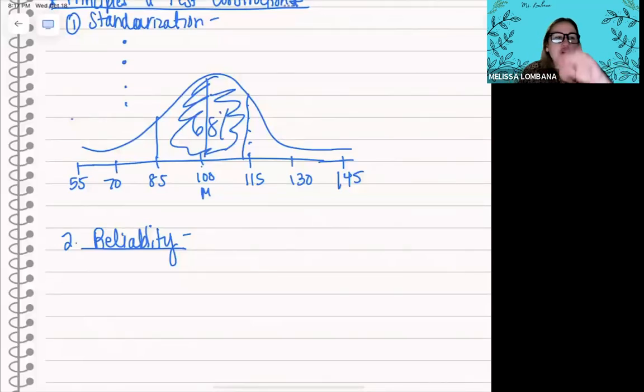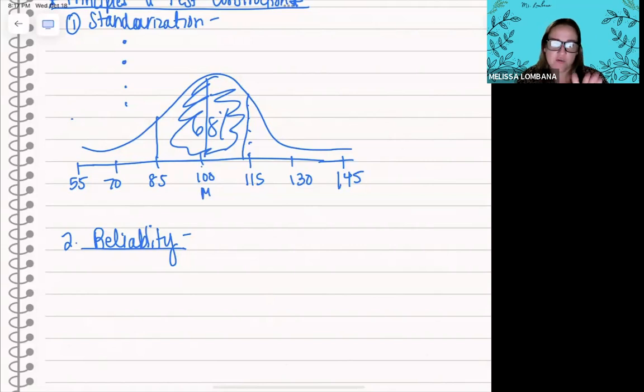Okay, so reliability is when the test is going to give you the same results every single time. So when you retest over and over again, it's going to be reliable in the sense that it's going to continue to give you the same score.